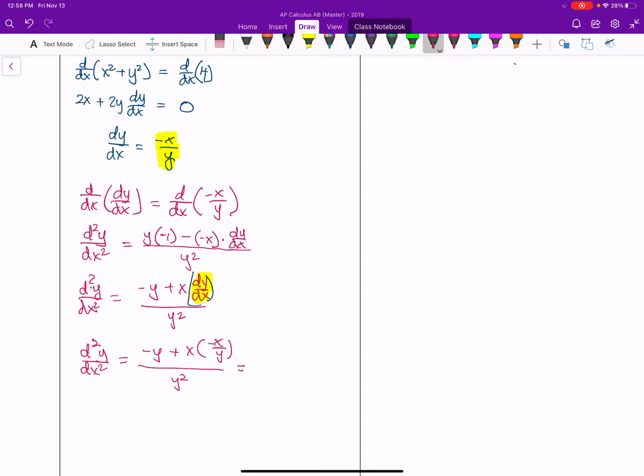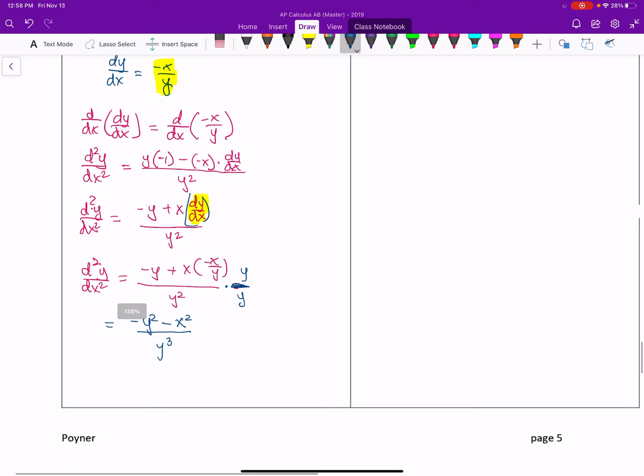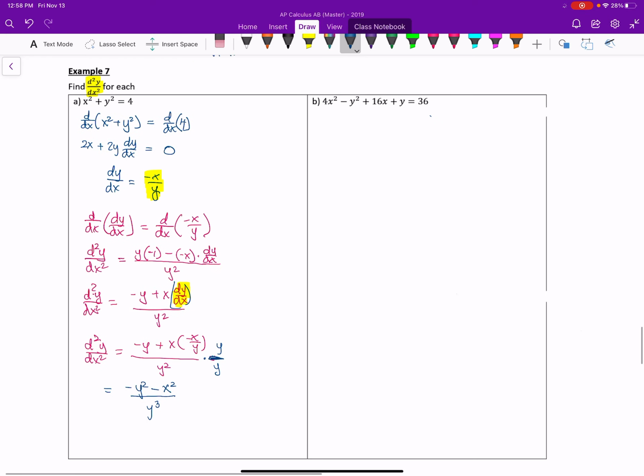First of all, we're not going to have a fraction within a fraction, so I'm going to multiply the numerator and the denominator by y over y. That's going to give me negative y squared minus x squared over y cubed. You could factor out the negative if you wanted to, but you don't have to. And that's the second derivative for x squared plus y squared is equal to 4.